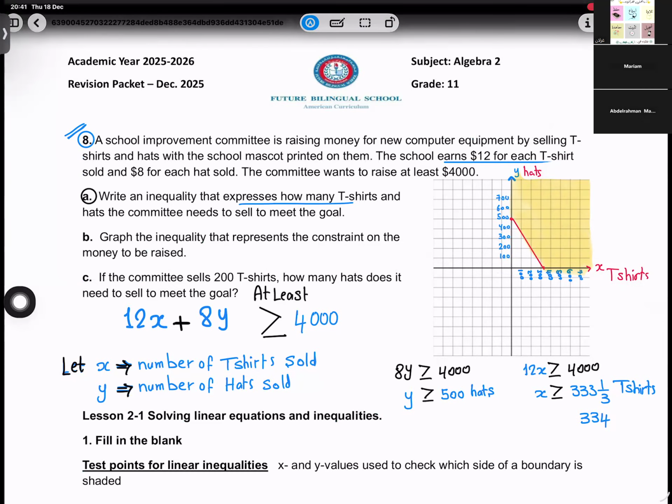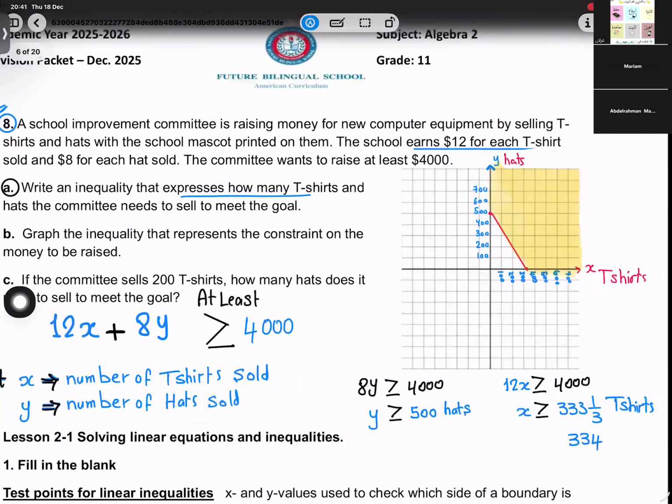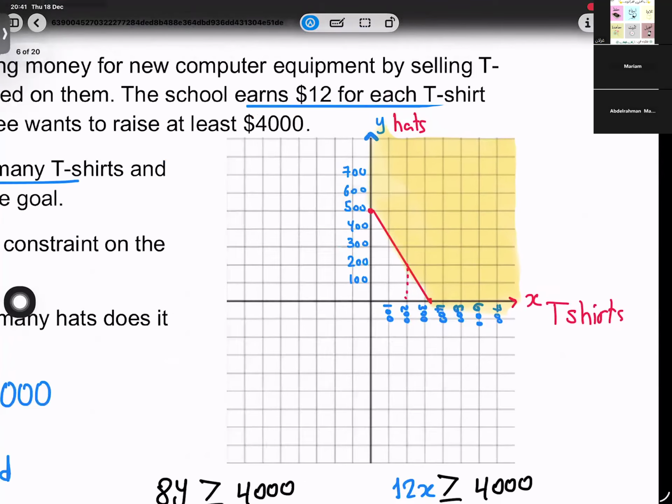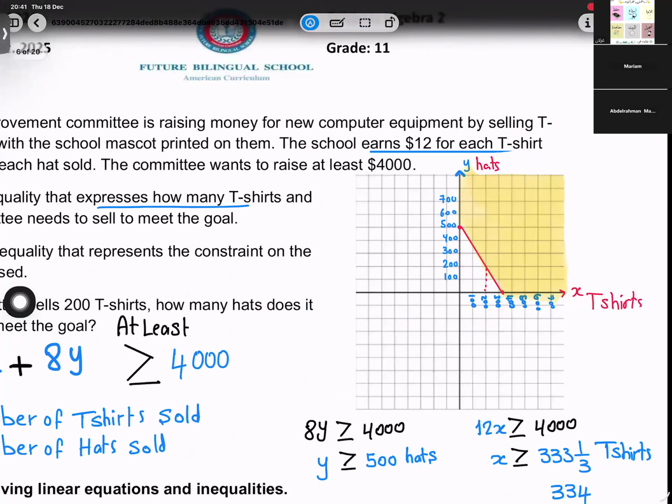But if the committee sells 200 t-shirts, how many hats? 200. How many? Like 280 about. Bravo.